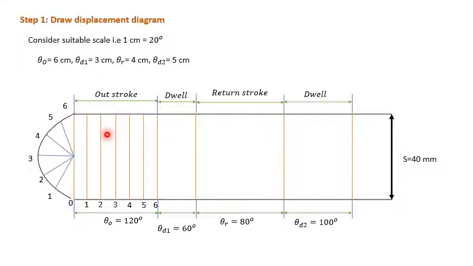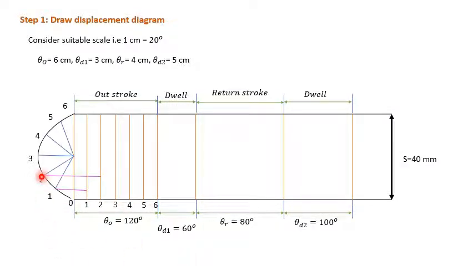Then from the center of this semicircle, draw a line through each number, which means we are splitting this semicircle into 6 parts. Once the dividing of this semicircle is over, from each division draw a horizontal line till it touches the vertical line of the outstroke. So this is the first cutting point.